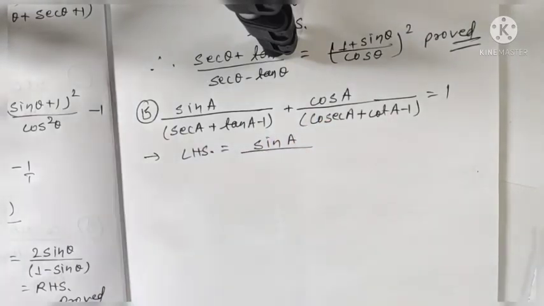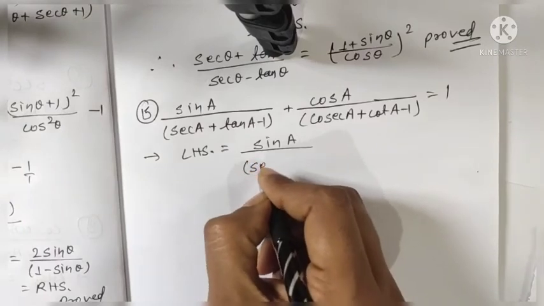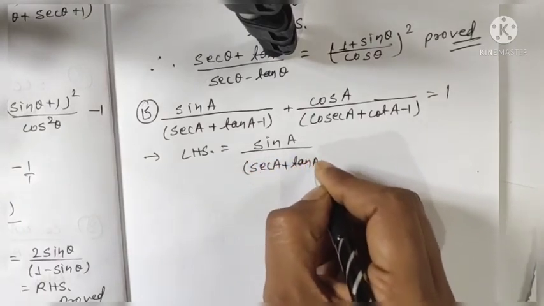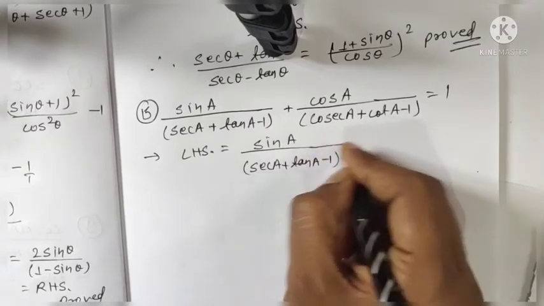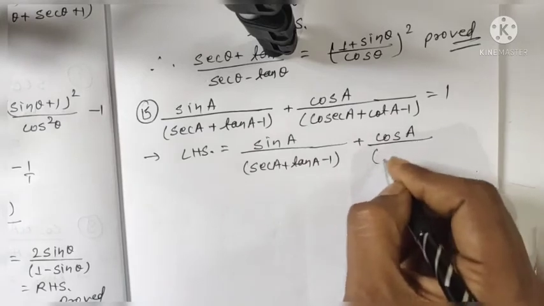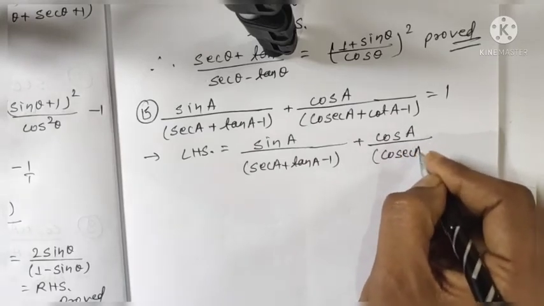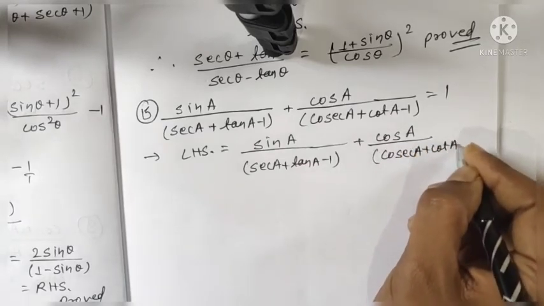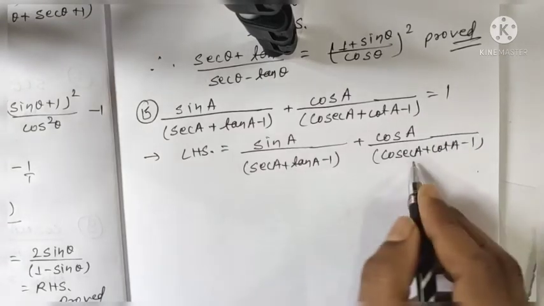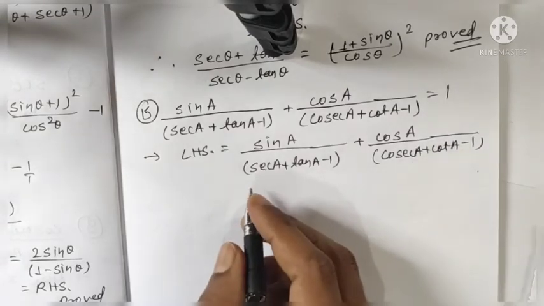sin A by (sec A plus tan A minus 1) plus cos A by (cosec A plus cot A minus 1). So we are going to convert all of these in the form of sin and cos.